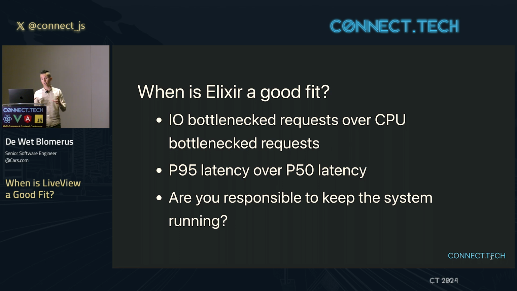Okay, when is Elixir a good fit? For I/O bottlenecked requests over CPU bottlenecked requests. If you have CPU bottlenecked requests, if the request is an image or large, high-resolution images that are going to come in, you're going to take them in memory into the runtime of your programming language and either resize them or run something on them, and then spit back a smaller image or a vector of it or something, then you're going to need a lot of CPU power.